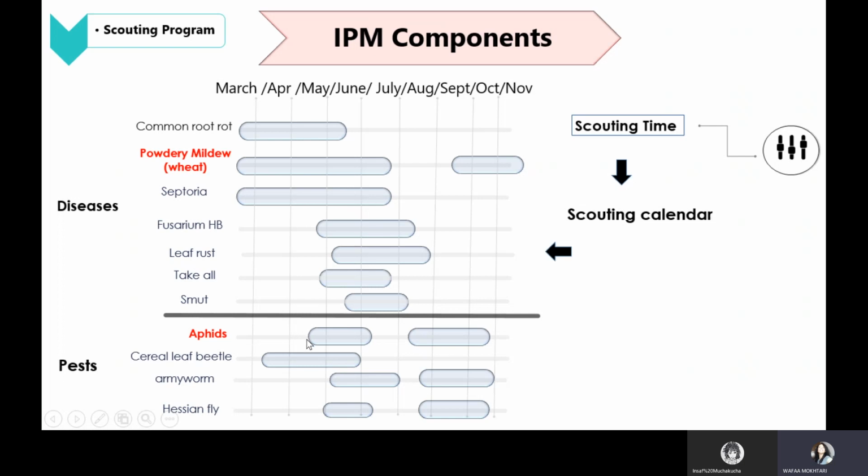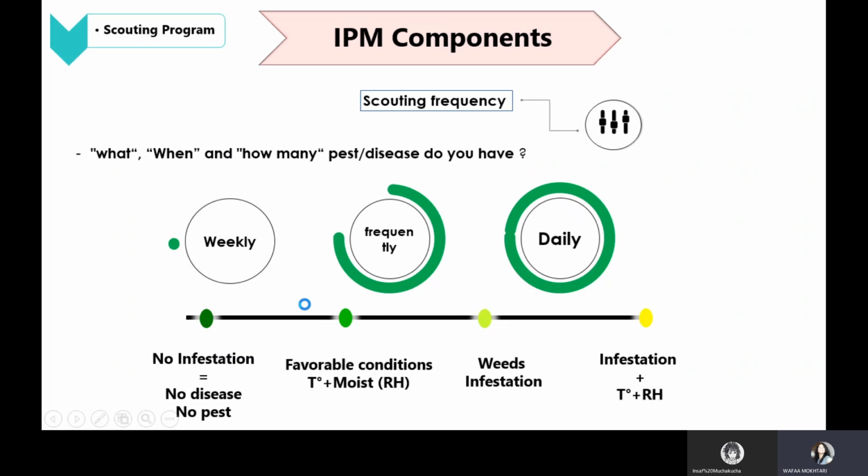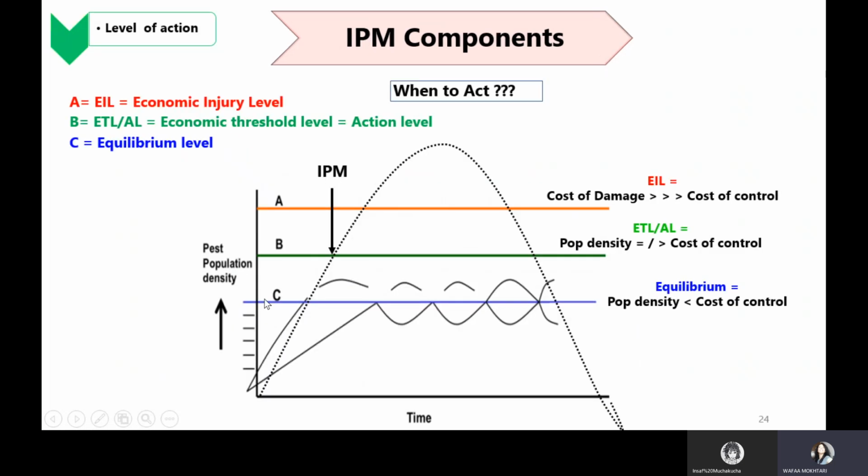So let's say that in the mid of May, we are prepared, but we should know what to do. We should see some conditions. If we have favorable conditions, we start looking for those pests.